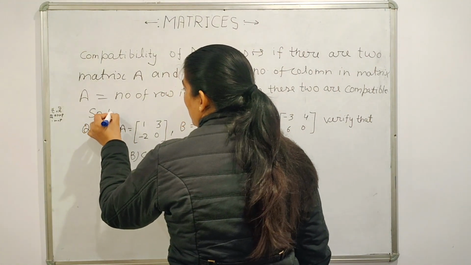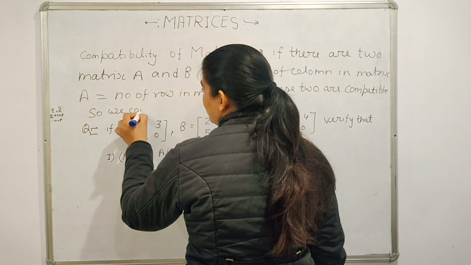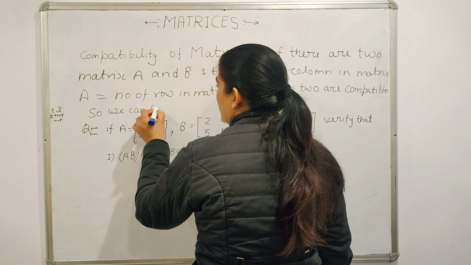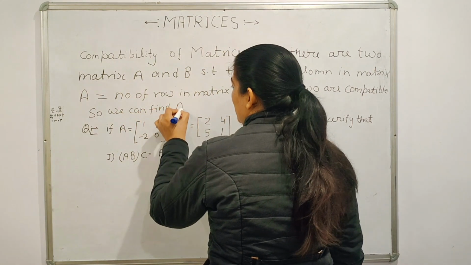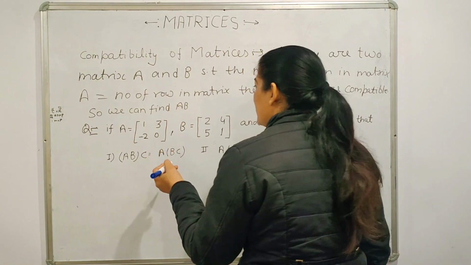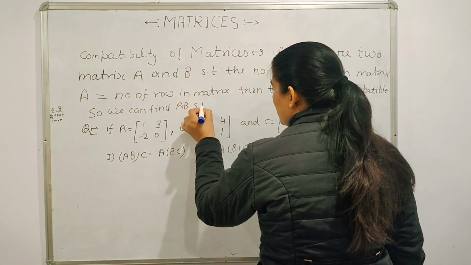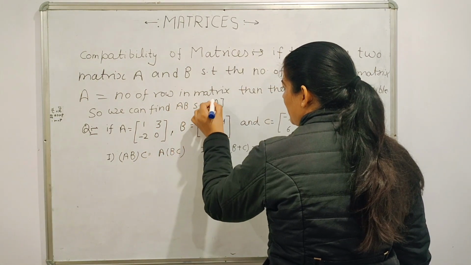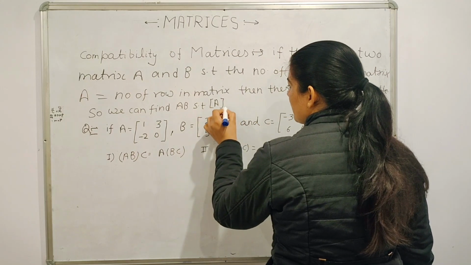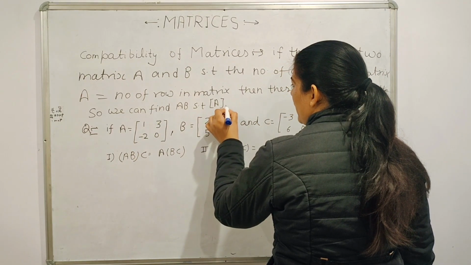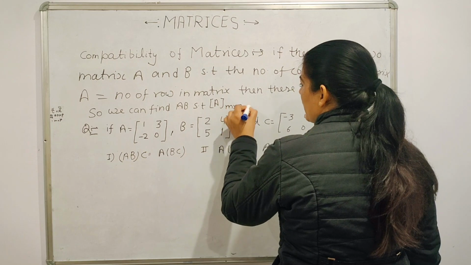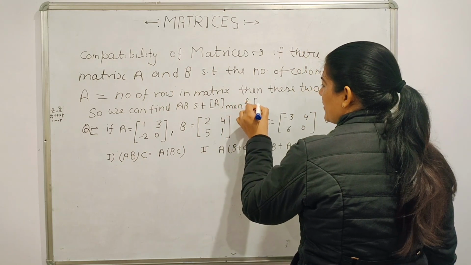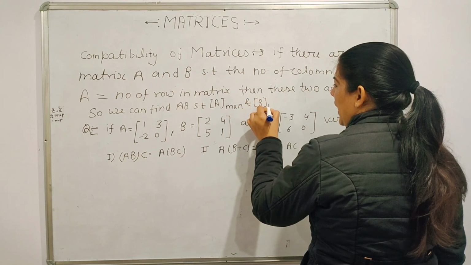So we can find AB, such that the order of A is m by n and the order of B is n by p.